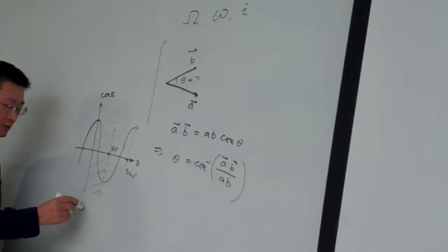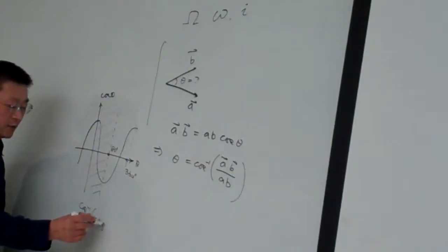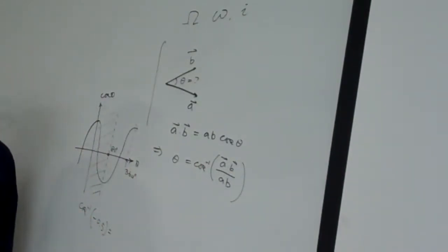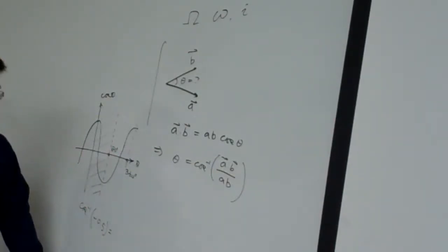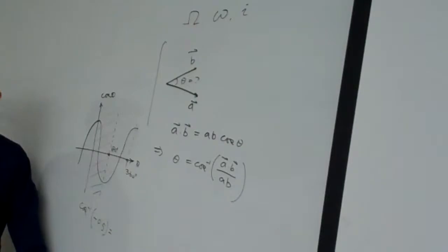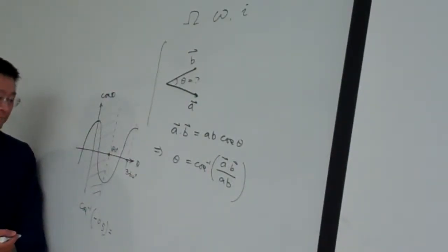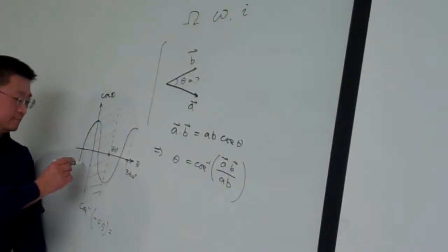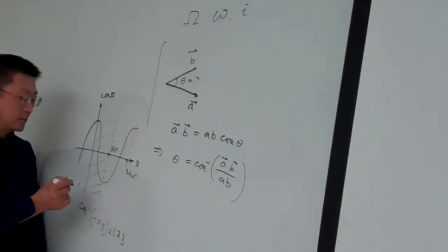Say we take arccosine of minus 0.5. Does anyone have a calculator? Can anyone punch it quickly for us? What is this number? So that's 123, right?